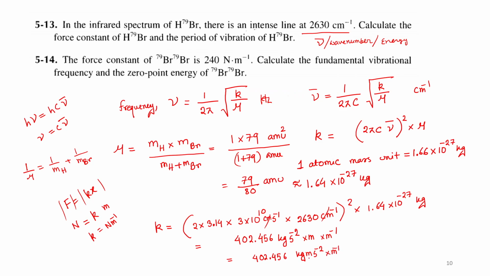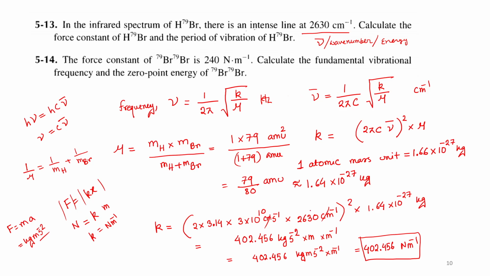So this is nothing but your Newton, because you know Newton is force, right? Force is mass into acceleration, which is kg meter second minus 2, the acceleration unit. This is nothing but Newton, so you got 402.456 Newton meter inverse.